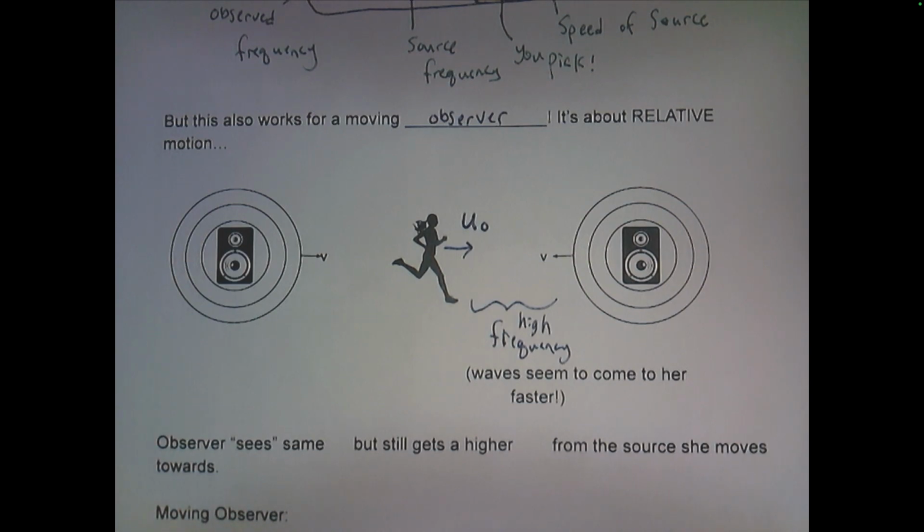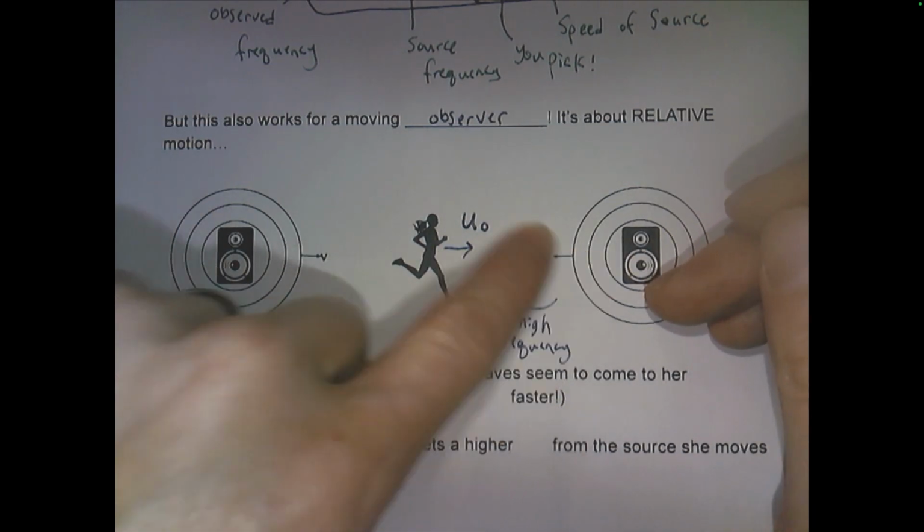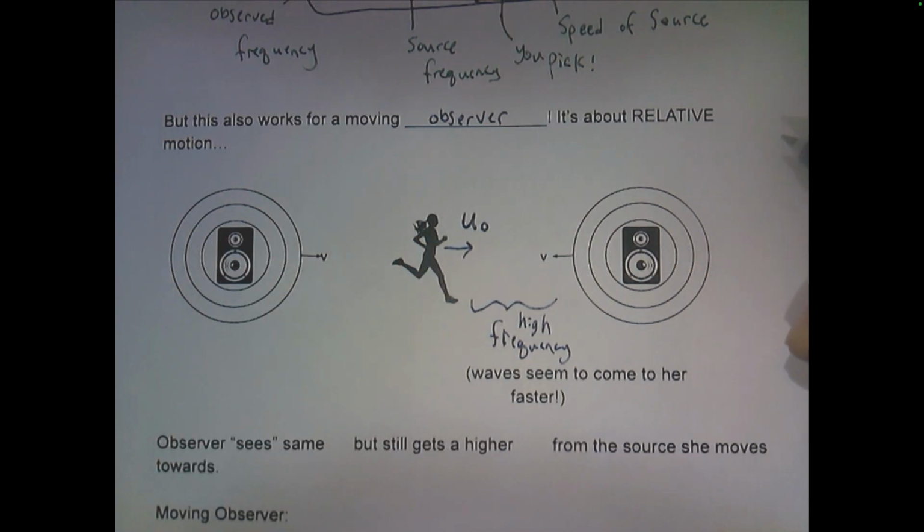Now, technically, it's for a slightly different reason, because as you can see in the picture, these waves aren't closer together. They have the same wavelength on both sides. But what happens is she gets more of them per second, which is what frequency is, right? If she just sits here and lets the waves hit her, so many per second, that's one frequency. But as she runs into the waves, she's going to reach them faster than if she just stands there waiting for them. So it's less time per wave, and she gets the higher frequency.